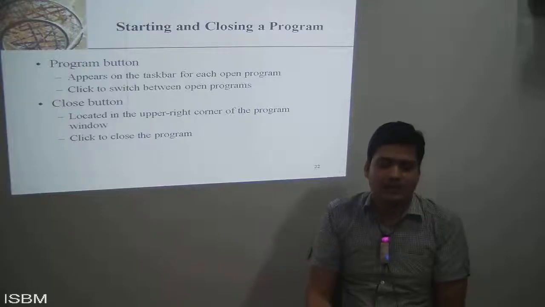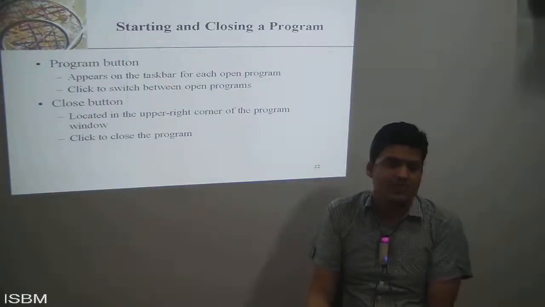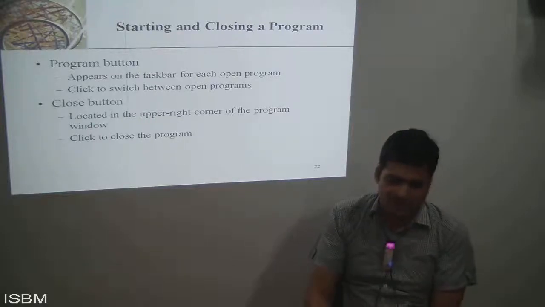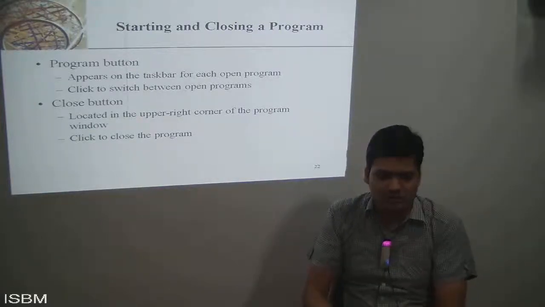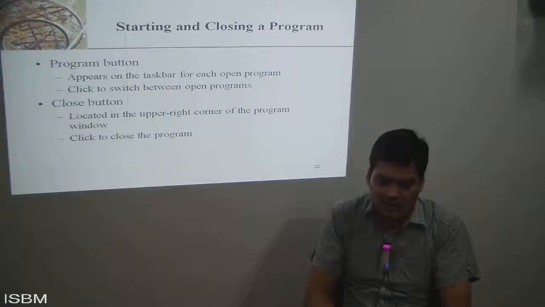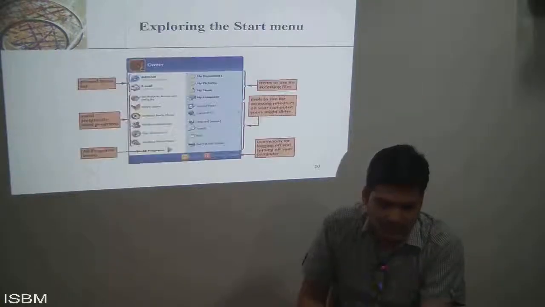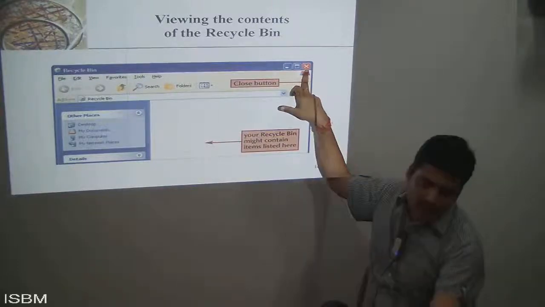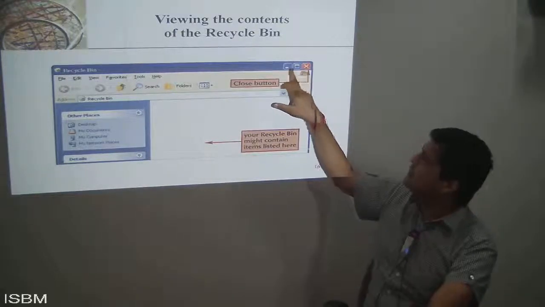Then a program button appears on the taskbar for each open program. Click on it to switch between open programs. To close a program, use the close button located in the upper right. The close button is there every time a window is open, just like in the Recycle Bin I have shown you. This is the close button. Going to the right side, it is the minimize button.